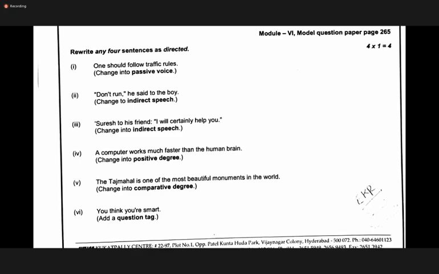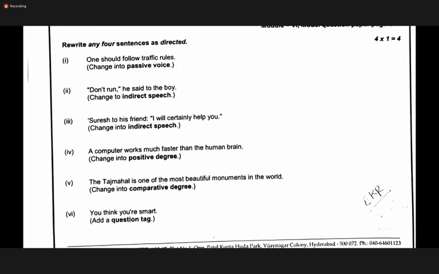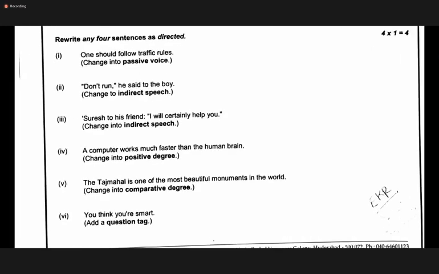From 2 topics, you will get 2 sentences from each. From the other 2 topics, you will get only 1 sentence from each. Anyway, from these 4 topics, you are given 6 sentences in the final exam. You are asked to answer any 4. First, we'll do this one exercise, try to do it. Later, I am explaining the topic, question tag.